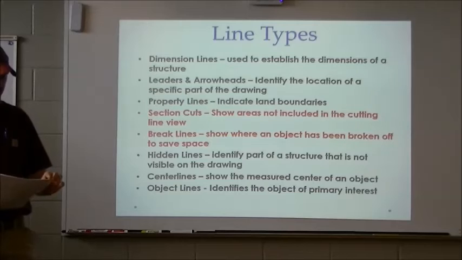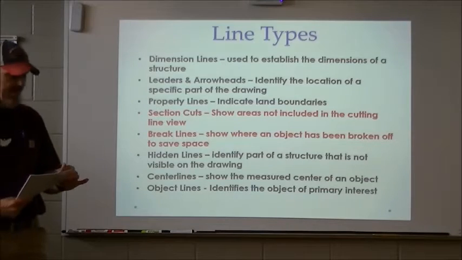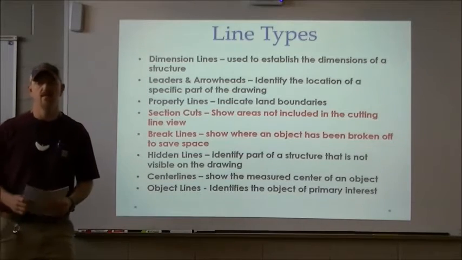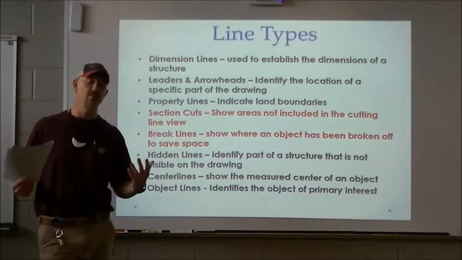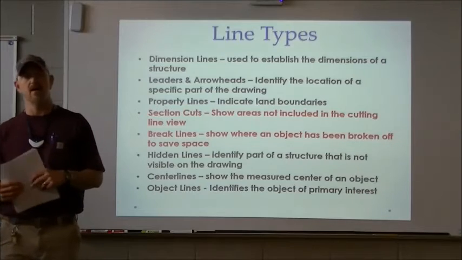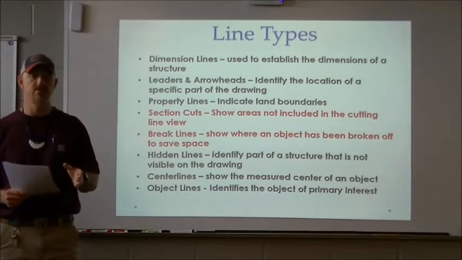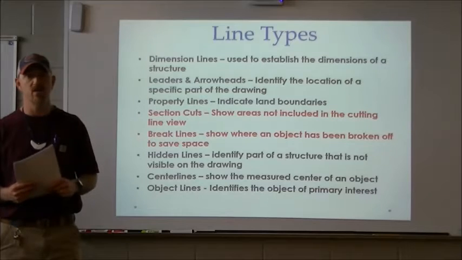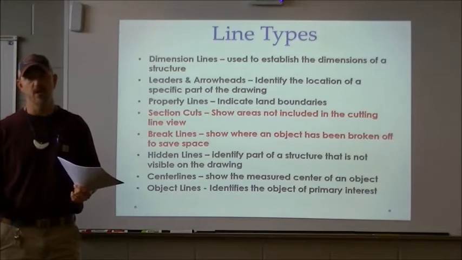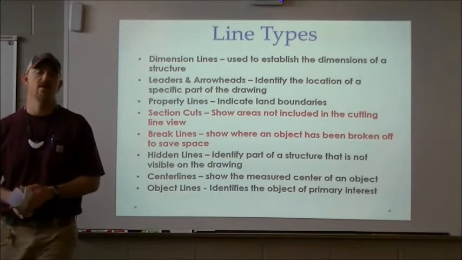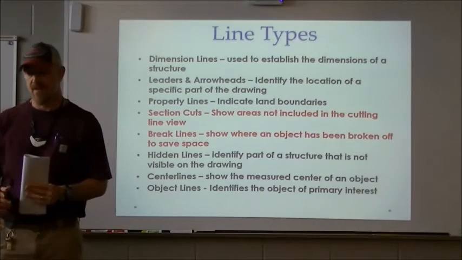Okay, let's talk about some line types. We've got several different types of lines when we're reading construction drawings. Dimension lines are used to show the dimension of a certain part. Leaders and arrowheads will point to specific components on a drawing, and may refer to a note, a legend, or a keynote that gives us a little more information.